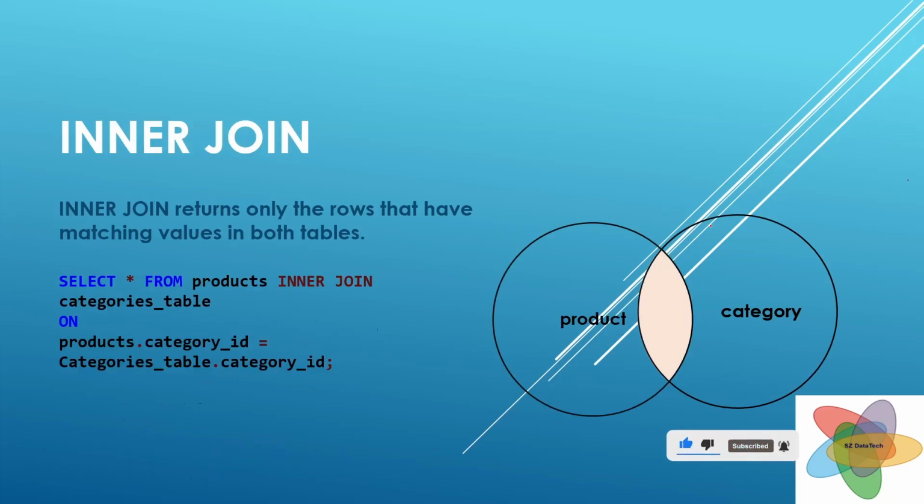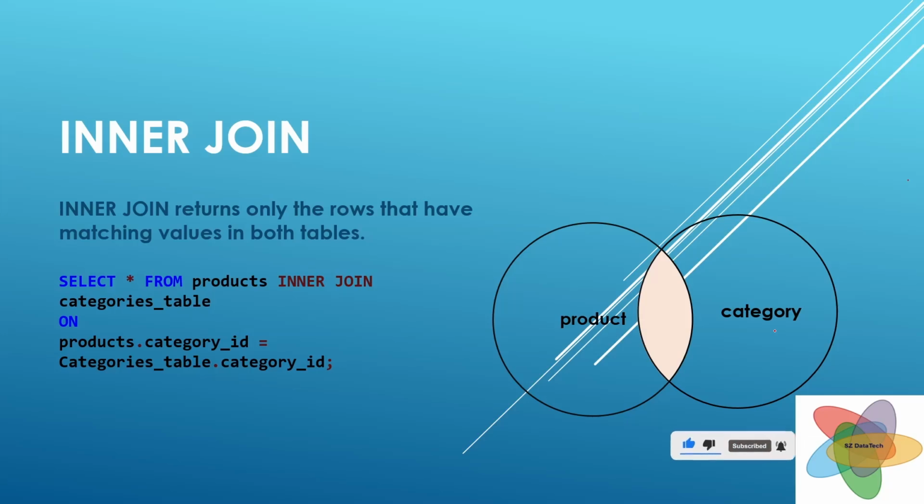Inner join returns only the rows that have matching values in both the tables. Before inner join, let's understand that when we want to apply a join on two different tables, there should definitely be some relationship between those two tables. For example, if we have two tables, product and category, what could be the relation between them?